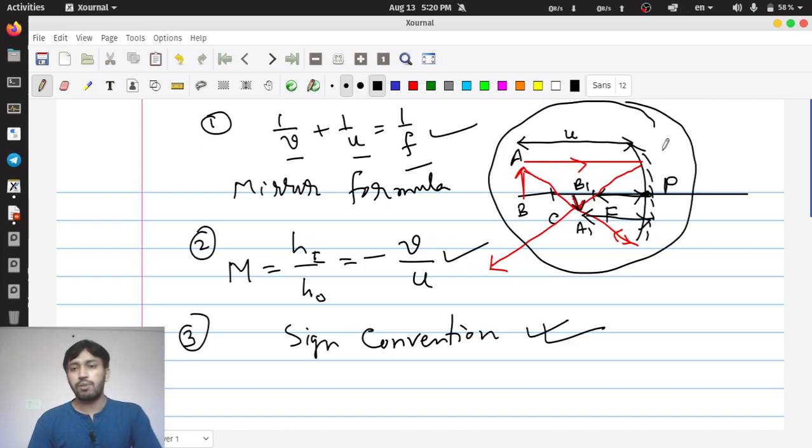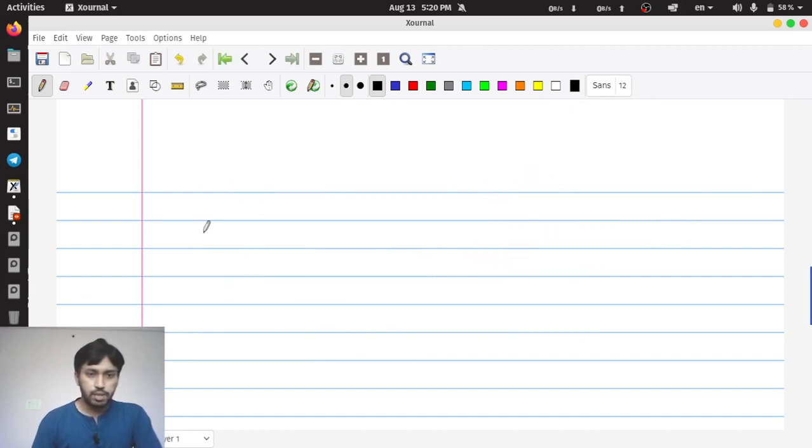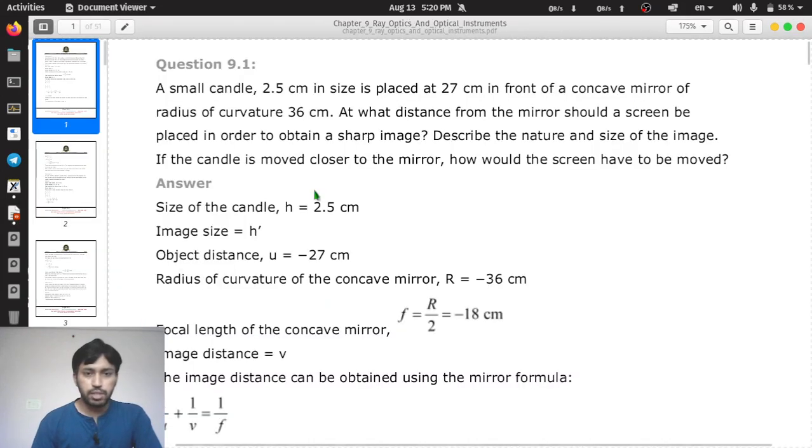Now come to the first question. A small candle 2.5 centimeter in size is placed 27 centimeter in front of a concave mirror of radius of curvature 36 centimeter, and at what distance from the mirror should a screen be placed in order to obtain a sharp image?